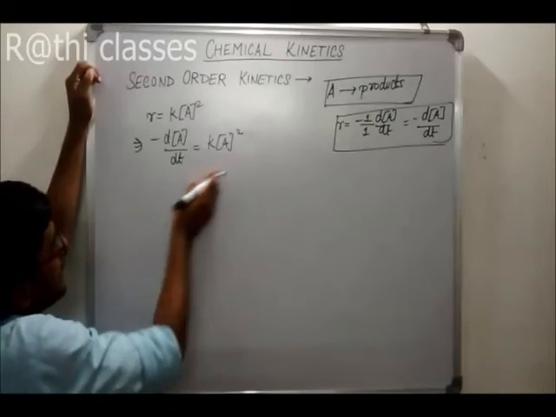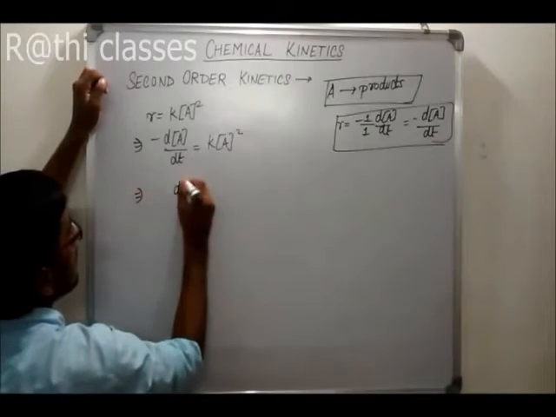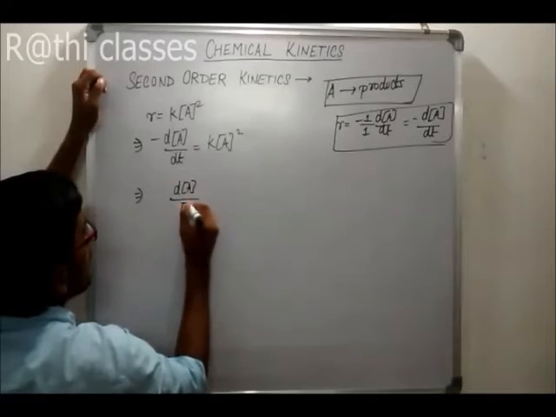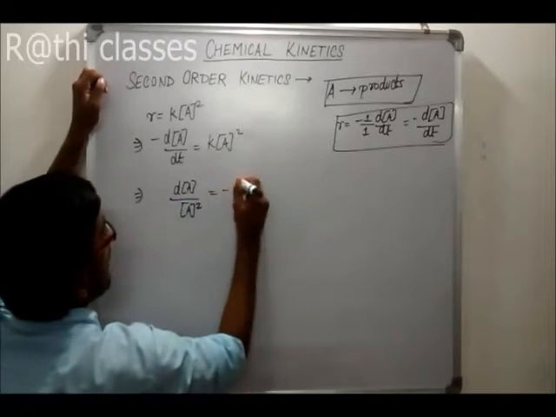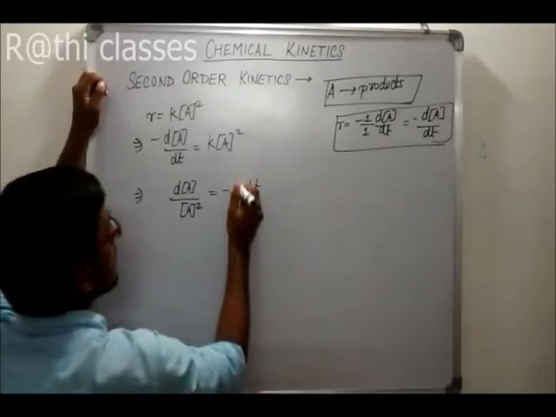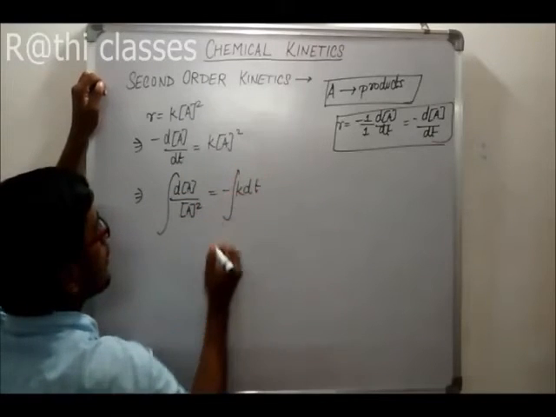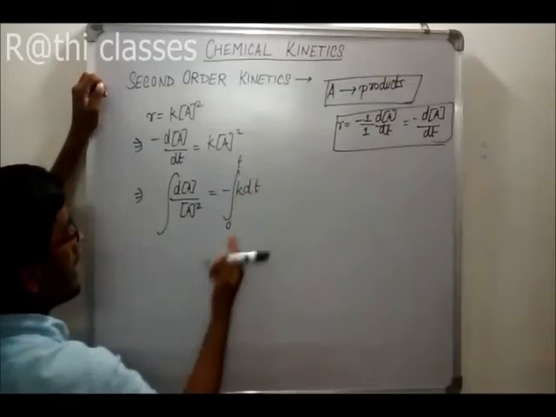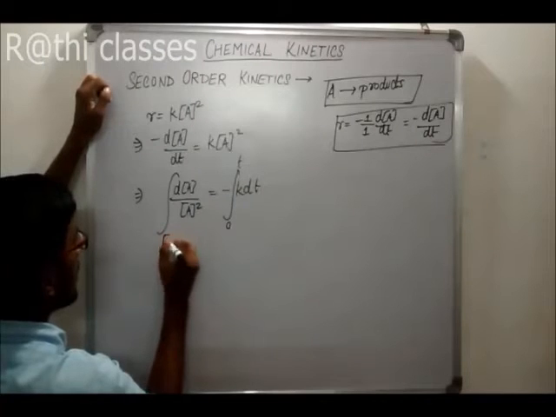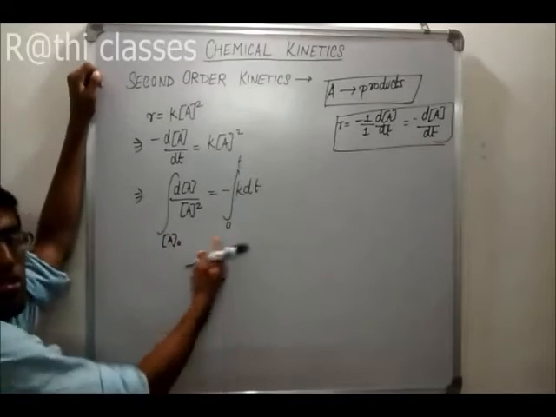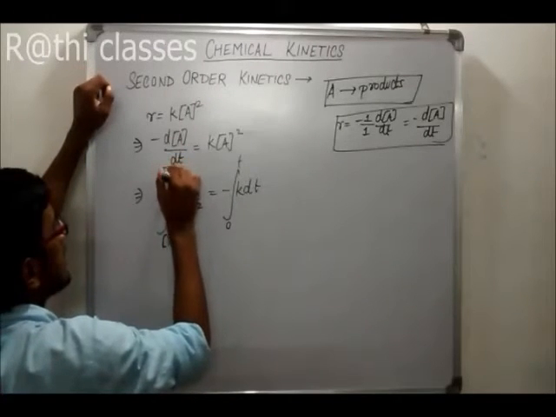Bringing similar terms on one side, I get dA upon A square is equal to minus K dt. Now integrating on both sides from interval 0 to t, and from initial concentration A naught at time t equal to 0 to concentration at time t, which is At.